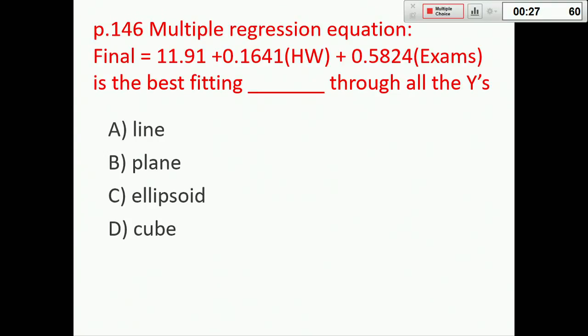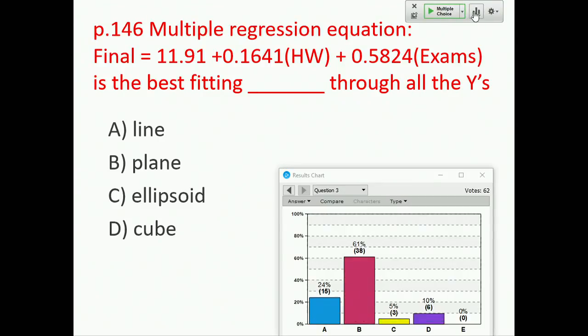Okay, let's see what you said. Stop this. And it's the best fitting plane.